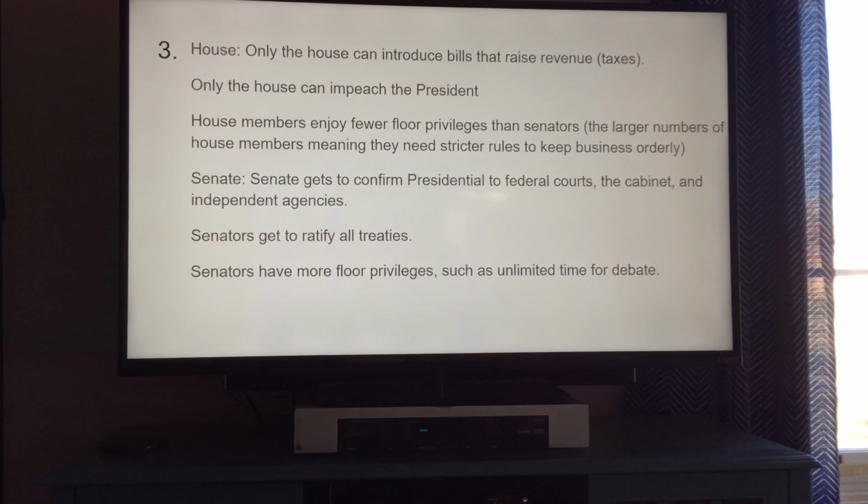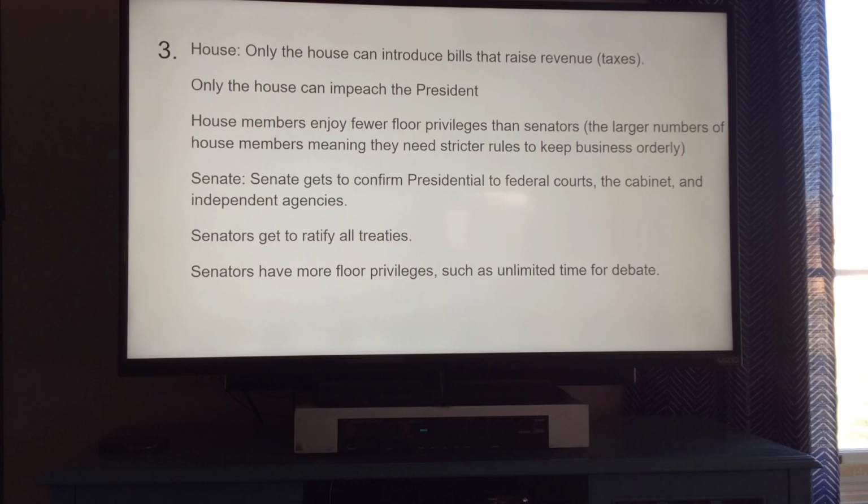And so again, the Supreme Court, but also all other federal courts, and members of the cabinet, like the Secretary of State or the Secretary of Defense, all the way down to the Secretary of Veterans Affairs, all those big government agencies are Senate confirmable, so the Senate has to say yes or no. Also independent agencies, which are considered to be kind of outside or above politics, but the government still regulates.